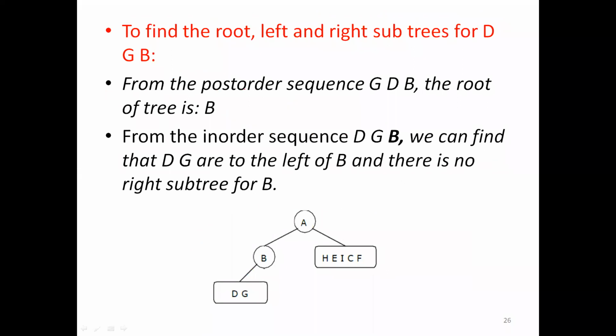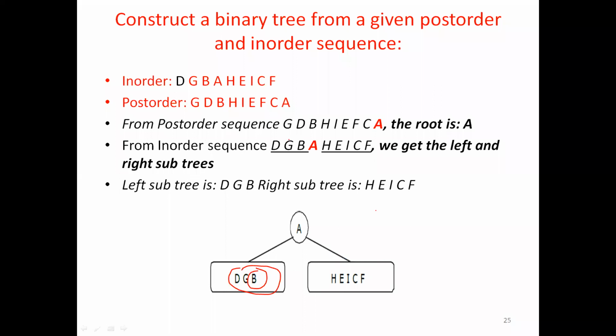Let me move to the next slide. Next I want to find the root and the left and right subtrees of DGB. From the post order sequence, I can come to know that the root of the tree is B. Post order sequence is GDB.